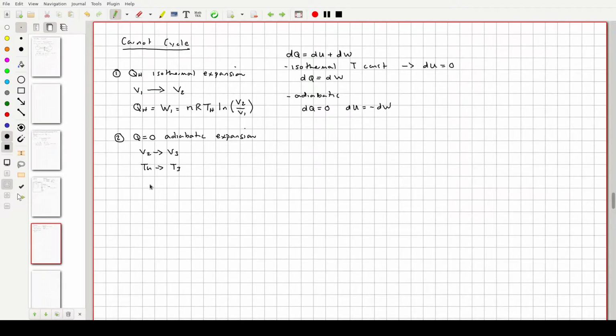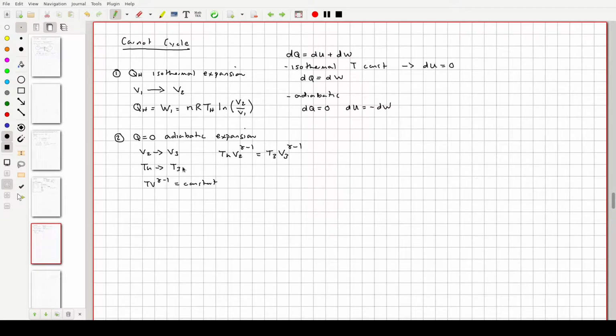And so here, TV to the gamma minus 1 is constant. So it would be TH V2 to the gamma minus 1 is equal to T3 V3 to the gamma minus 1. Now here's the deal though.